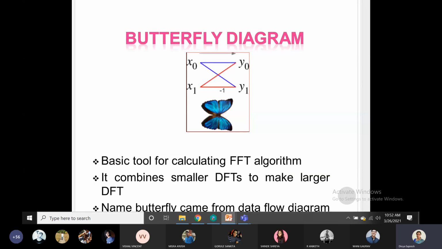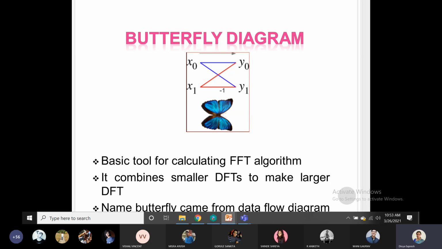The building block in the FFT algorithm is the butterfly diagram. The name came from the shape of a butterfly. This is the building block of the FFT. You can see x0 and x1 are the inputs, and you obtain y0 and y1.